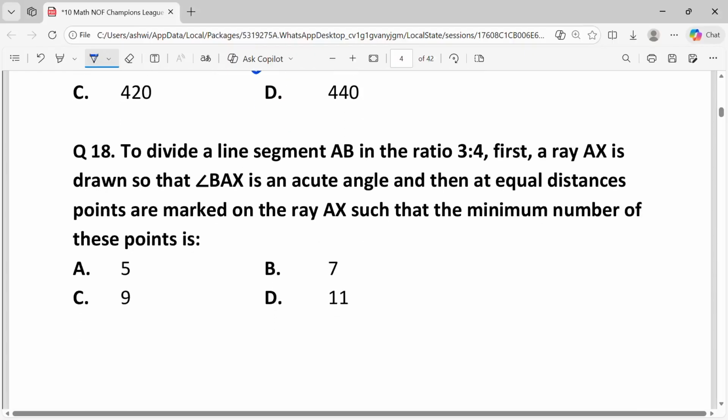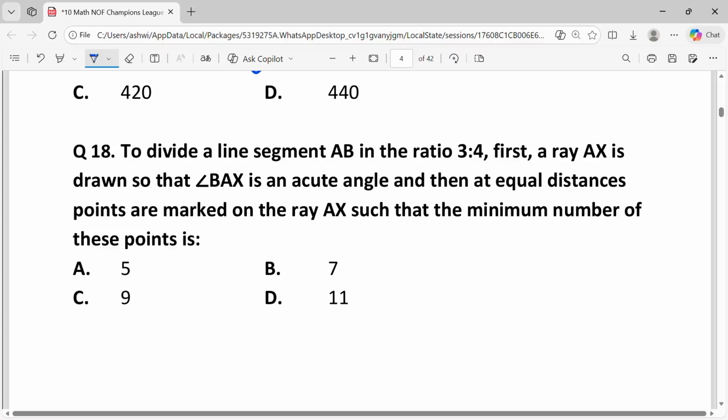Question 18. To divide a line segment AB in the ratio 3:4, first a ray AX is drawn so that angle BAX is an acute angle, and then at equal distances, points are marked on the ray AX. The minimum number of these points is.